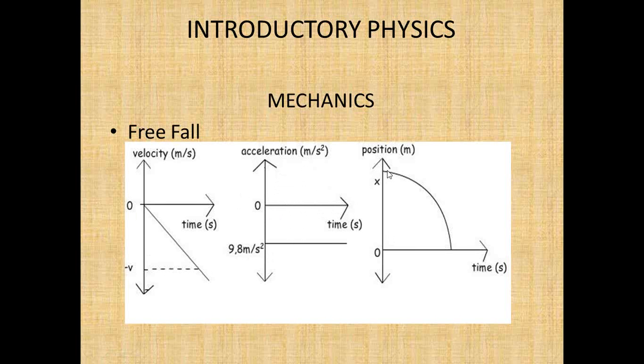But as time goes on, you can see the slope gradually increase. That tells you that it's speeding up, and then at some time later, the position is zero. That means it's on the ground.